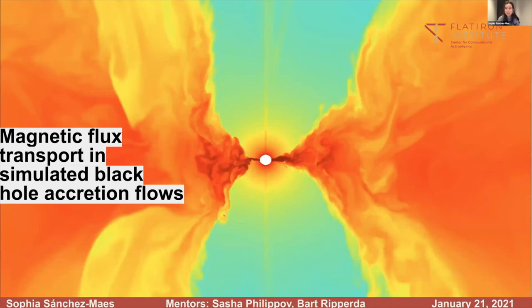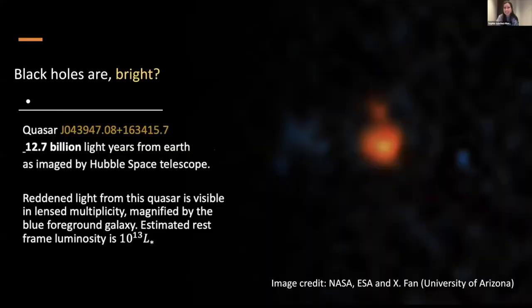My projects both relate to the transport of magnetic flux within black hole accretion disks that I simulate. And this is important for many reasons, but just to put those in context, I want to start with the basics, which is that black holes aren't really all that black.